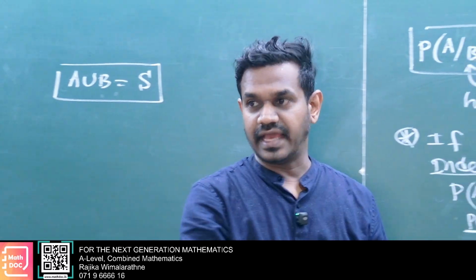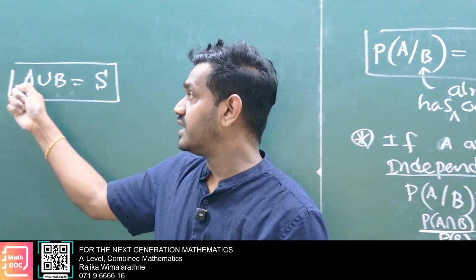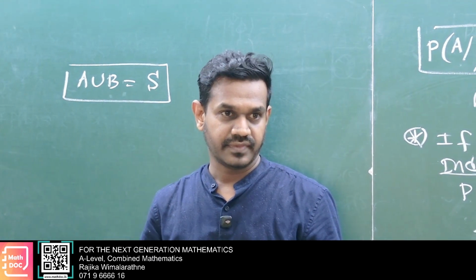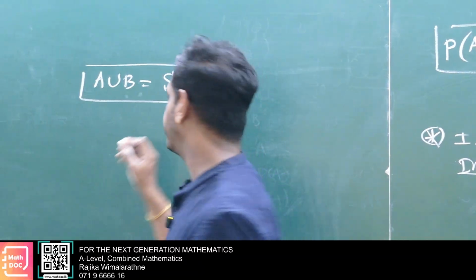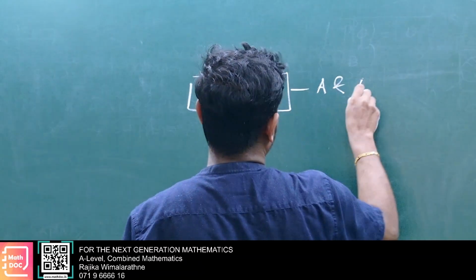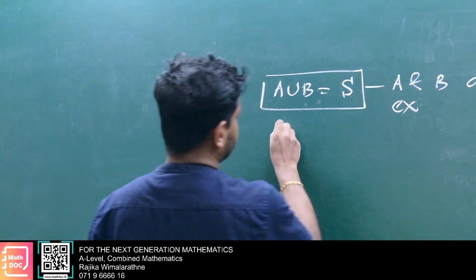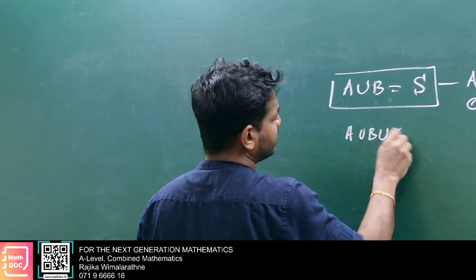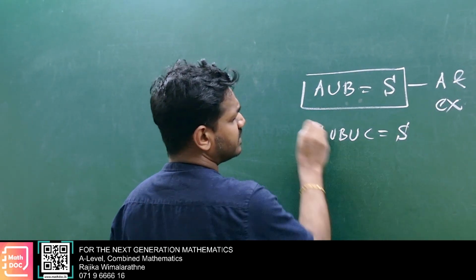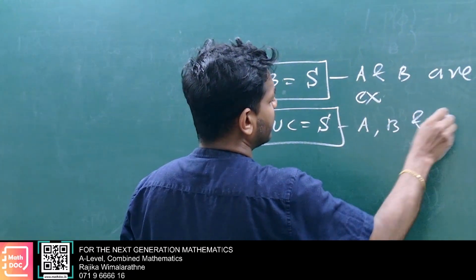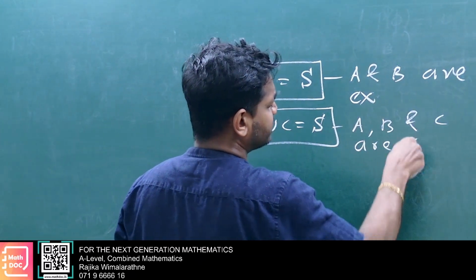That means by events A and B, the full sample space is created, no? Then A and B are exhaustive. Then A union B union C equals S; again we say A, B and C are exhaustive.